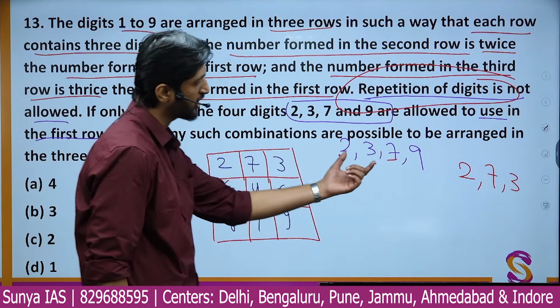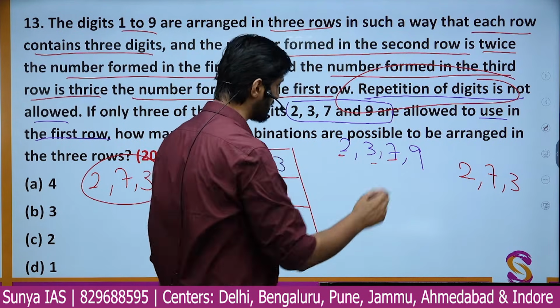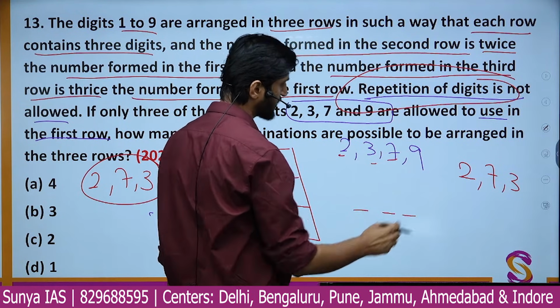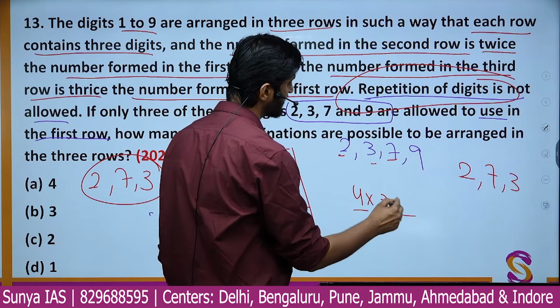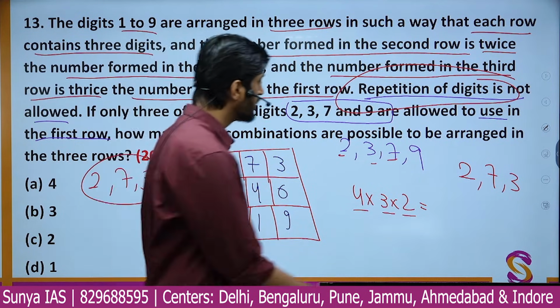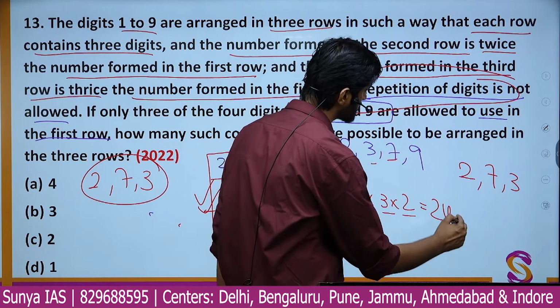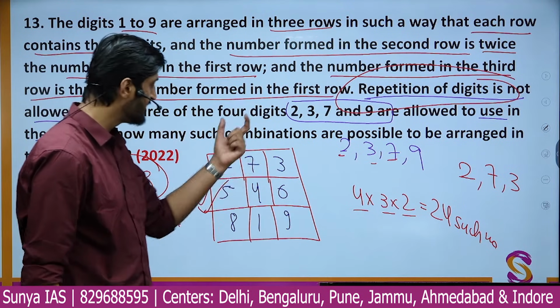Similarly, we will have to check with different combinations that are possible, and since here are 4 numbers and we have to actually create 3 numbers, here we have 4 choices, then we have 3, then we have 2. So overall we will be having 24 such numbers for which we'll have to check individually by multiplying each time.